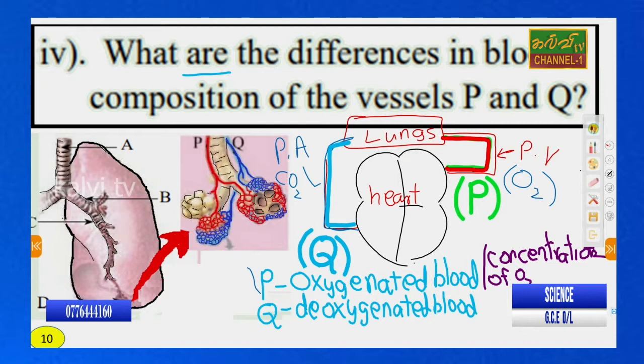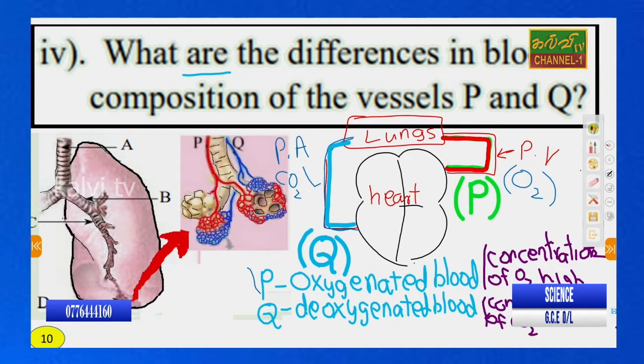Oxygen we can write O2, O2 is high. Then in Q, concentration of CO2.